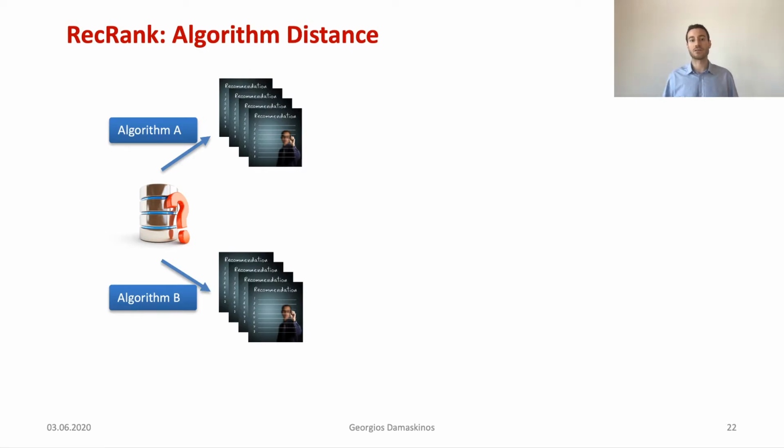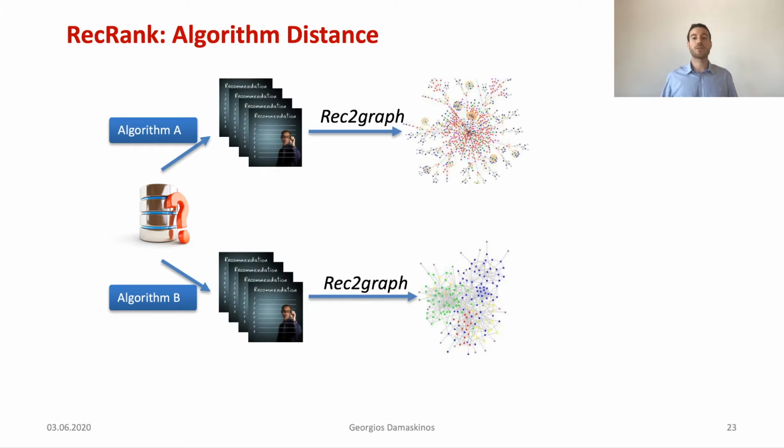This is a ranked list of recommendations. We then use a new method that we propose, namely rec2graph, to parse this set of listed recommendations into a graph. Finally, we propose a new method named GraphDist that takes two of these graphs and computes a single value which reflects the distance between algorithm A and B.